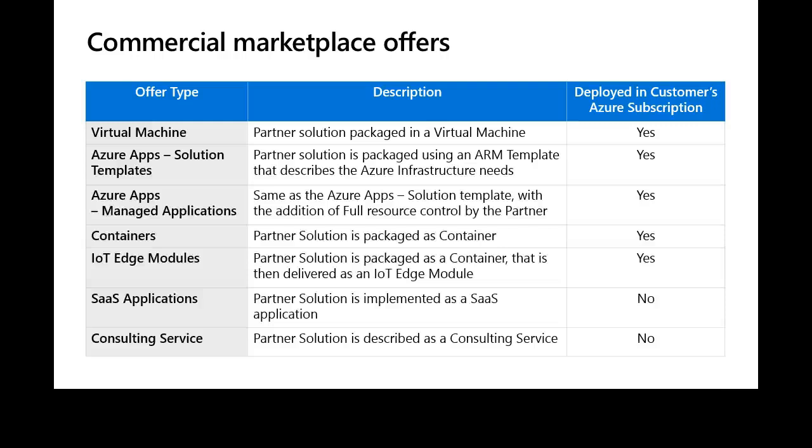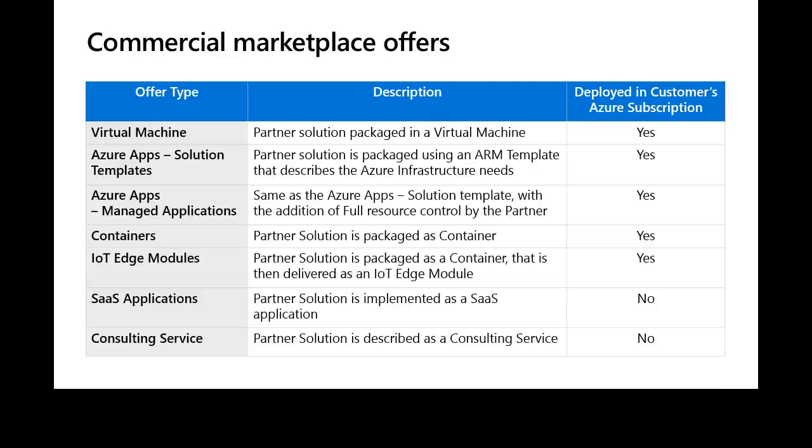It can be through an AKS cluster, which is the Azure Kubernetes Service. We're looking at Helm as a way to compose your solution and deliver it that way. Those are things that are coming up, and we'll keep you posted on the roadmap that we have posted on the documentation for the Azure Marketplace, or the commercial marketplace.